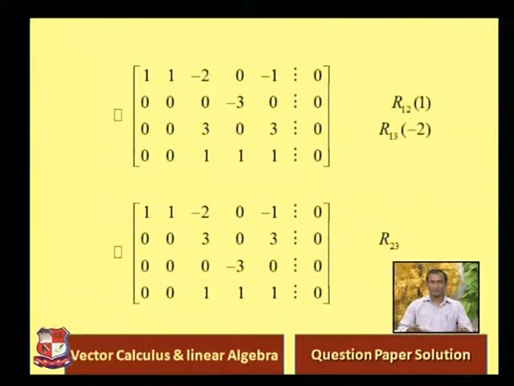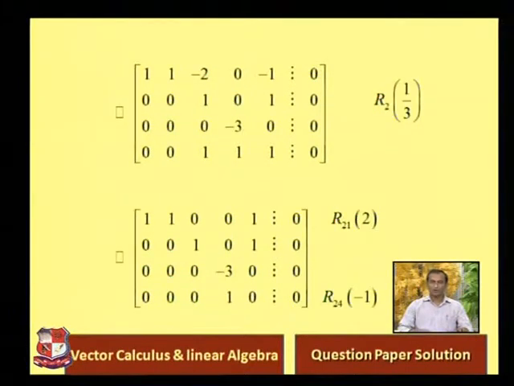So we interchange the second and third rows, R23. The second becomes 0, 0, 3, 0, 3, 0, and the third is 0, 0, 0, minus 3, 0, 0, and the first and last rows are as they are.